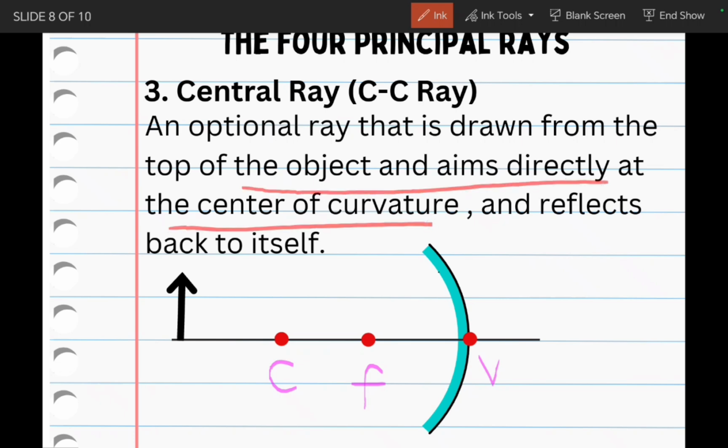So we have here the center of curvature. According to this, the reflection of the CC ray will only go back to itself. From the mirror, because it is reflection, it will bounce off. So it will just go back to itself. That is the CC ray.